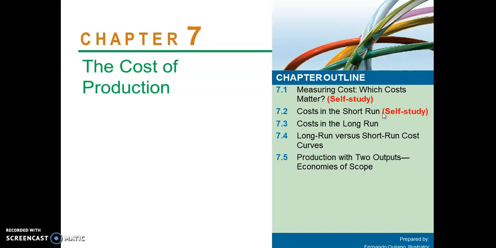Now, the production technology, along with the prices of those factors of production, for instance the price of labor is wages, can help us determine the firm's cost of production. So, in chapter 7, in particular section 7.3 onwards, we will see how labor and capital are chosen in such a way that the firm can minimize its costs.